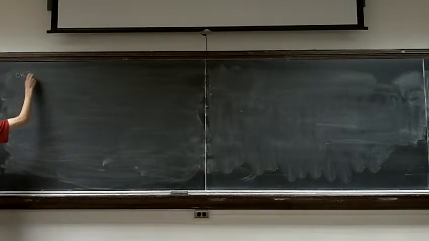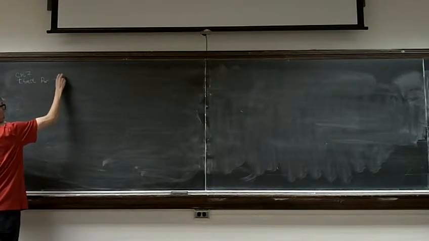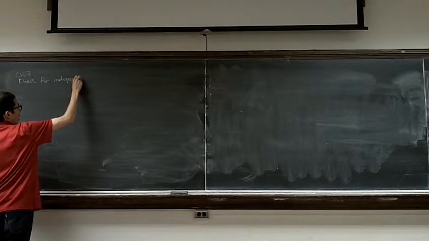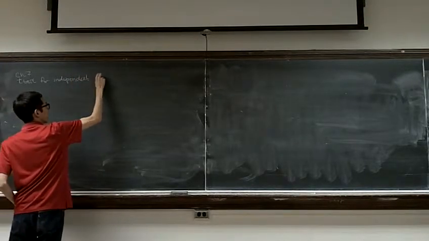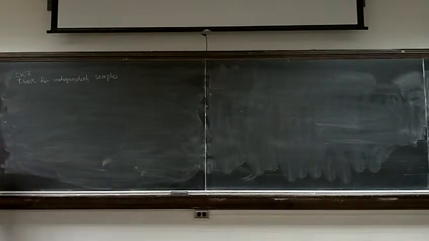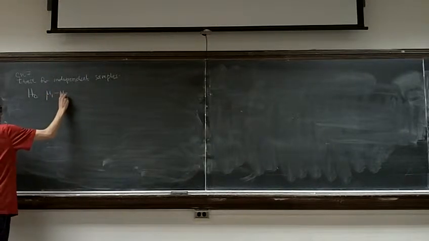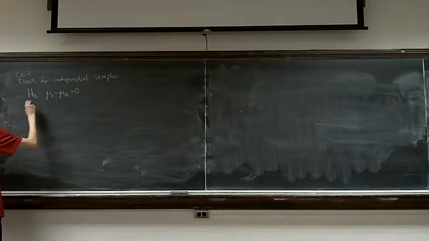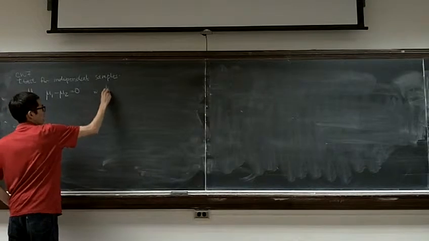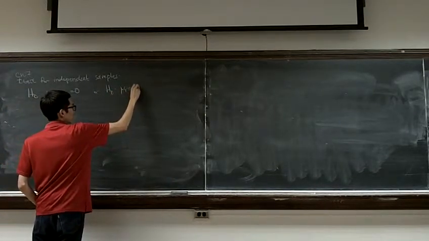In chapter 7, we have the t-test for independent samples. Okay, in this case, our null hypothesis is mu1 minus mu2 equals 0, or mu1 equals mu2.